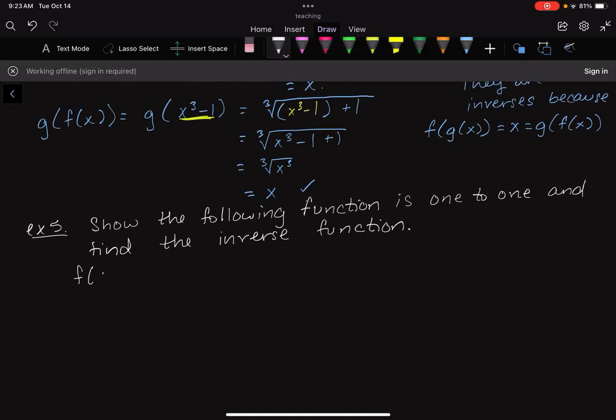And we're going to do f of x equals 2x plus 1 over 5x minus 3. So a bit harder of one than we've seen before. This one's hard because it has multiple x's in it.